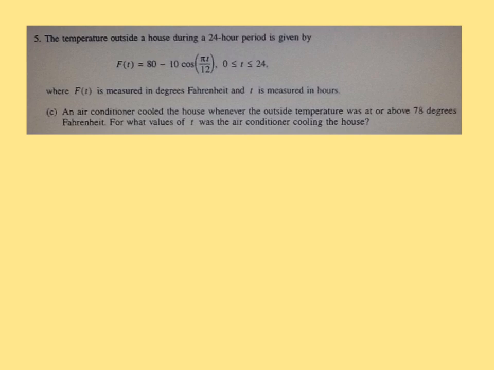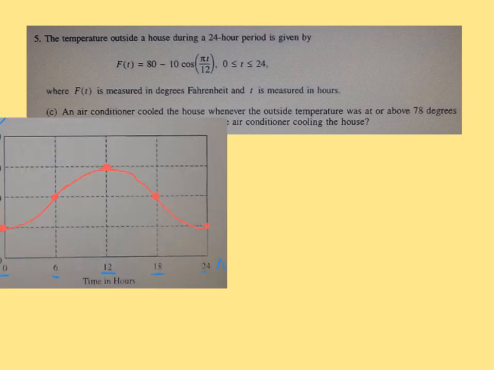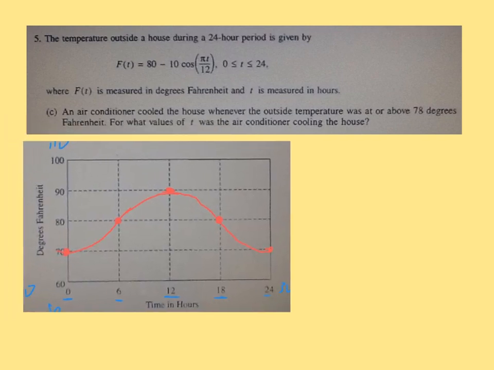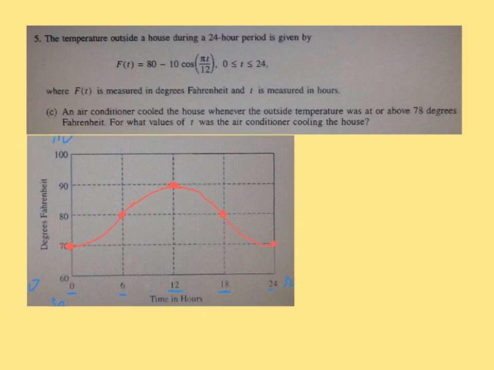Okay, part C. An air conditioner cooled the house whenever the outside temperature was at or above 78 degrees Fahrenheit. For what values of t was the air conditioner cooling the house? Okay, I'm going to start by bringing back that graph we had just so we can kind of see. So this was our graph that we made earlier.